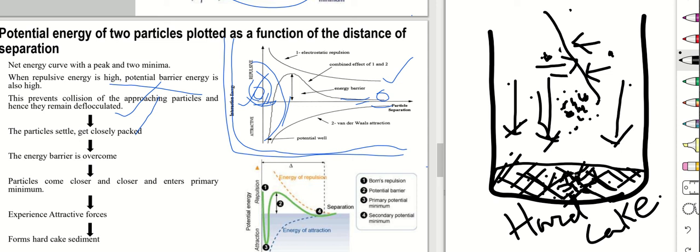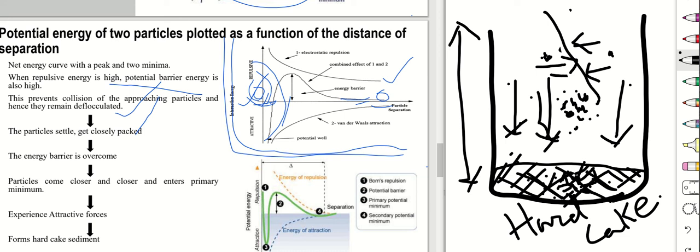And when all the particles come closer, because of the formation of attractive van der Waals forces between the particles, they form a hard cake. Even then, if you shake the container vigorously, the hard cake will not be redispersed because of the attractive forces.